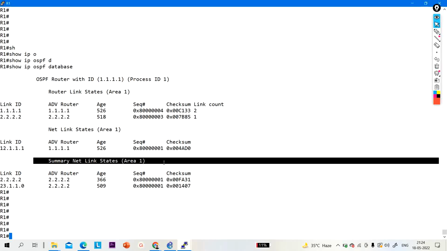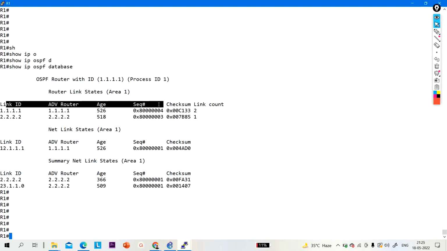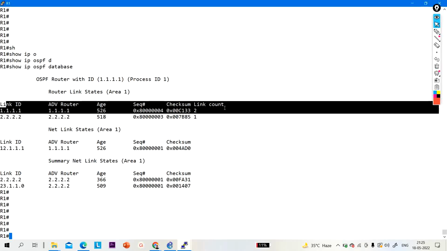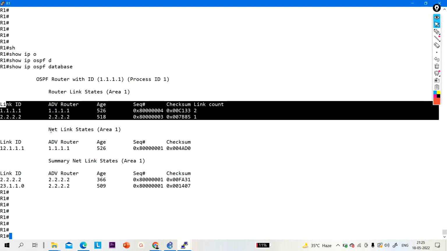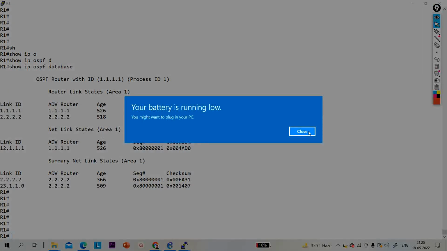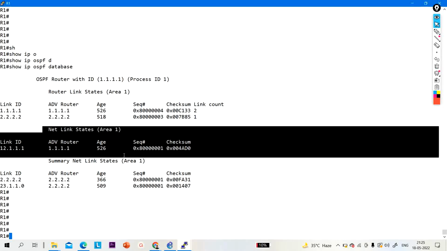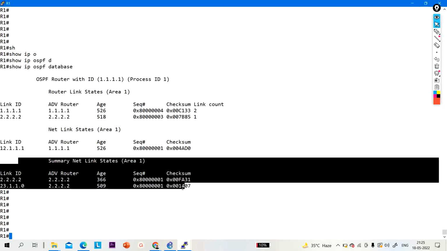So a router can also come to know about the ABR using its database, like who is generating summary LSA. Exactly. So see, this one is LSA 1. Every router in an area will generate LSA 1. This is LSA 2, that is network LSA. Only the DR router will generate this LSA, and this is LSA 3. Only the ABR router will generate LSA 3.